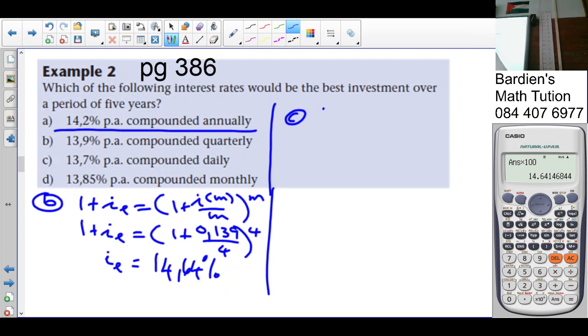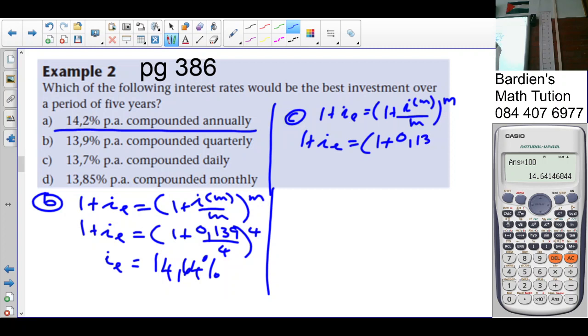Let's look at C. You've got 1 plus i effective again equals (1 plus i over m) to the m. So it's 1 plus i effective equals (1 plus 0,137 over 365, dailies) to the 365.